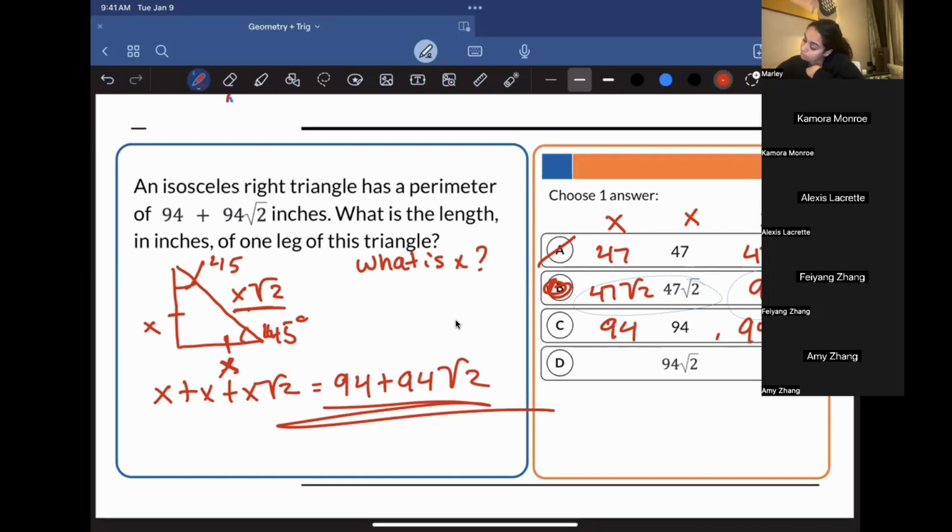Sorry, 188 is that side, is C. And then over here for D, we get 94 root 2 for x. And then we do 94 root 2 times 2. Just want to make sure I'm getting it right. 94 plus 94, 188. And so the perimeter is the sum of all three of these.